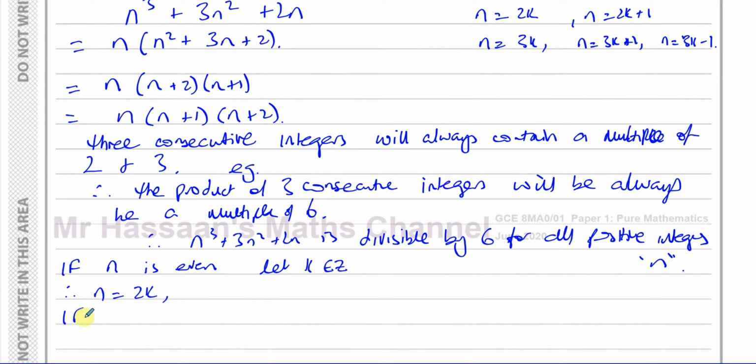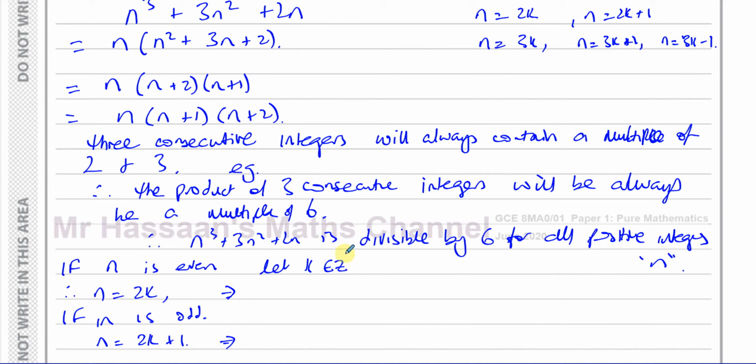And if n is odd, then n is going to be 2k plus 1. So if we can choose all the even numbers and all the odd numbers and show that this expression ends up even, we've shown that for every possible value of n, even and odd, this is divisible by 2.